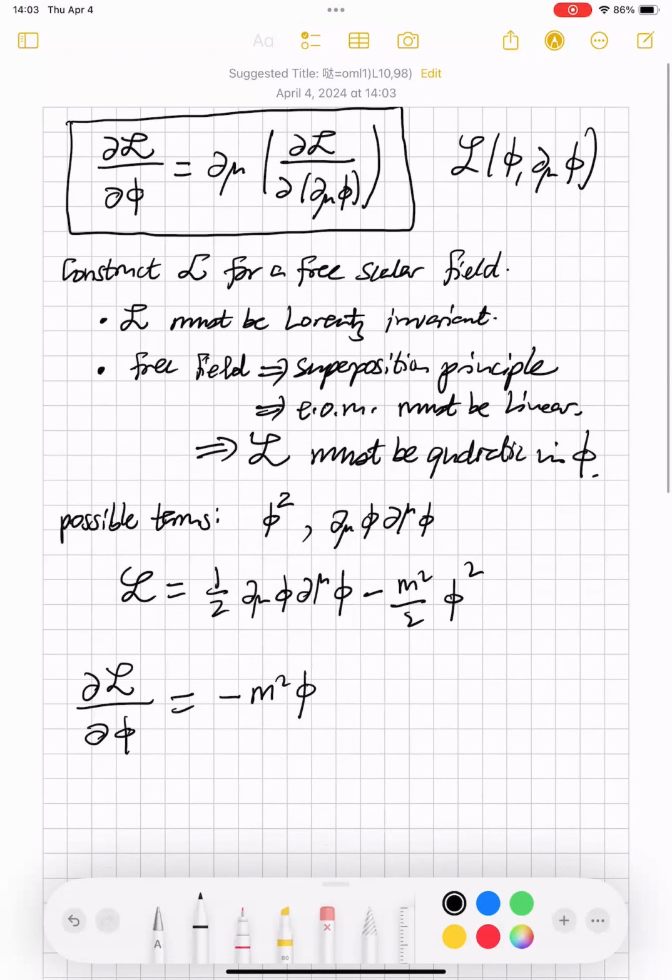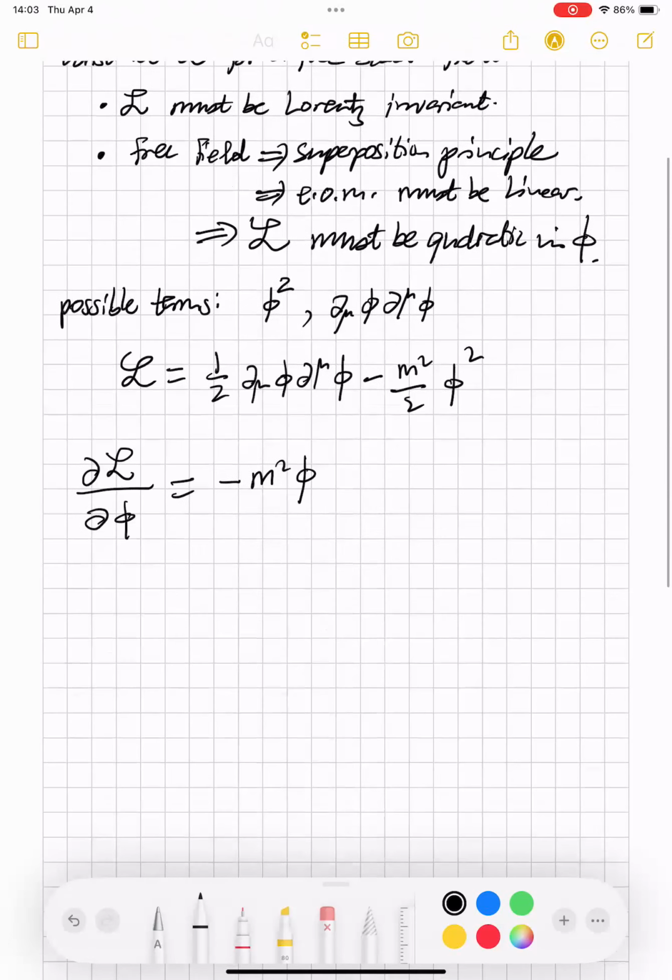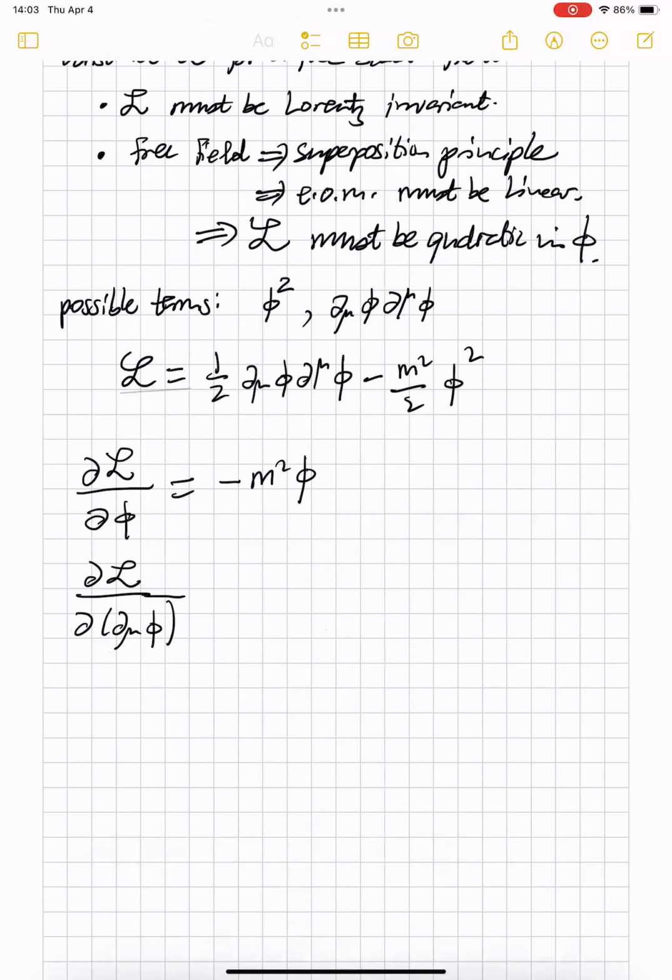Now let's work out what is dL d d mu phi. I'm going to do this slowly because maybe this is the first time that you're seeing something like this, but this is the kind of thing that you should make sure that you understand well and practice taking these derivatives. Make sure you can do them.